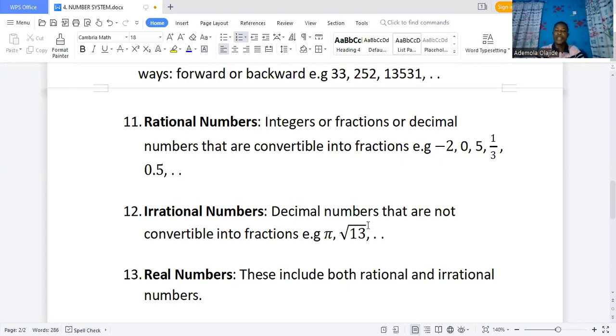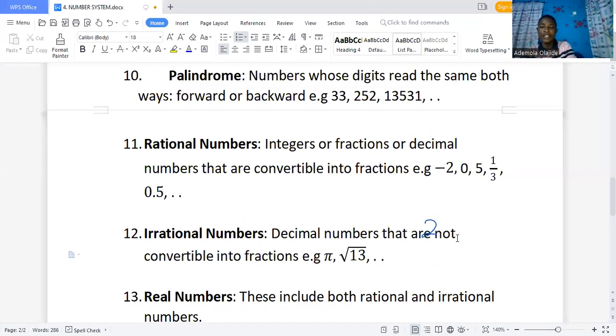Like here, we have decimal numbers that are not convertible into a fraction, e.g. pi. I know you may feel pi is 22/7. 22/7 is not actually the original value for pi, but it's the closest fraction that can take the place of pi.